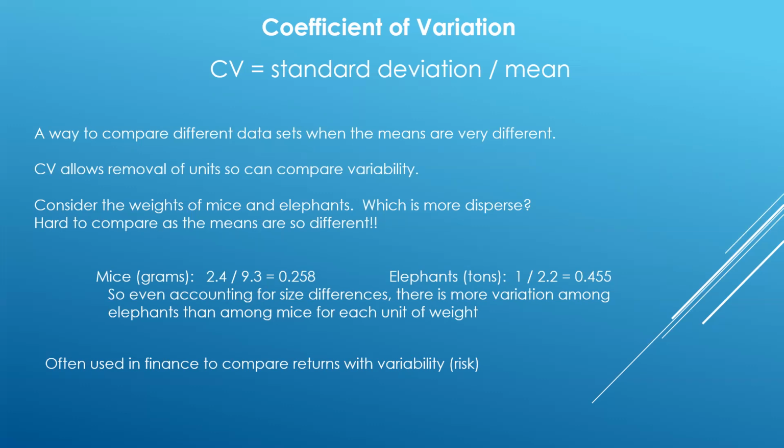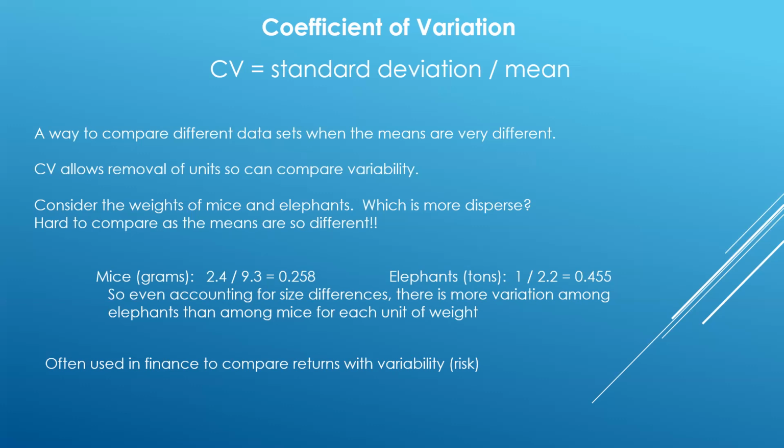So obviously you're going to think, well, then the elephant weights are more spread out because the standard deviation is like 103 pounds versus the mice at like 0.0001 of a pound. Well, that's not necessarily the case because of the scale of the data. So in order to compare apples and oranges, we take what's called a coefficient of variation.